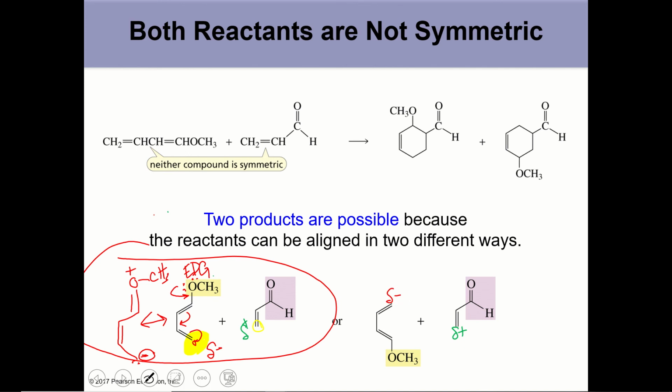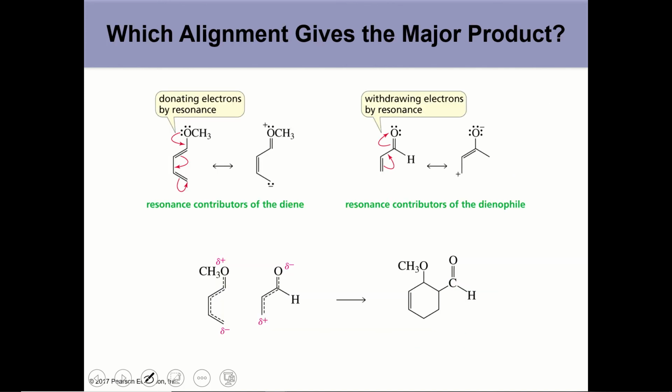And we can look at this. Your book also is looking at this. So donating electrons by resonance, the methoxy group is making this carbon more negative, and the resonance structure for the dienophile makes its terminal carbon more positive.